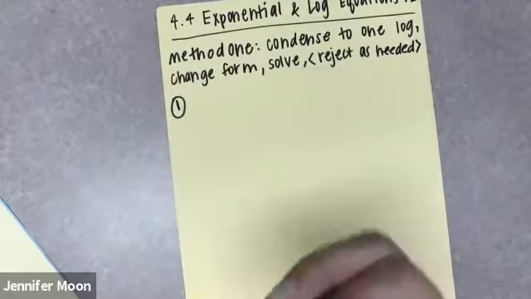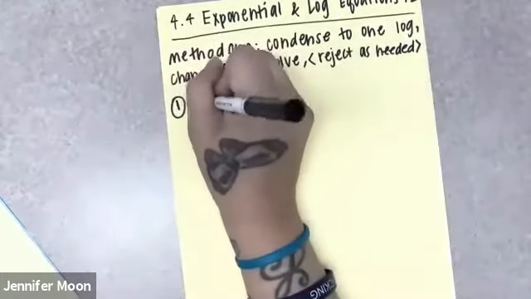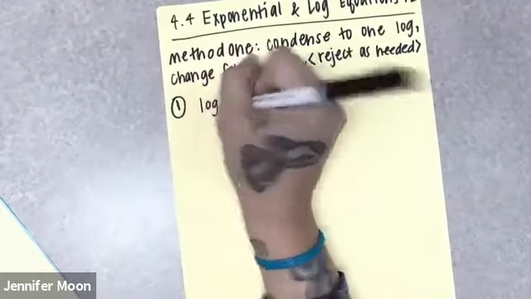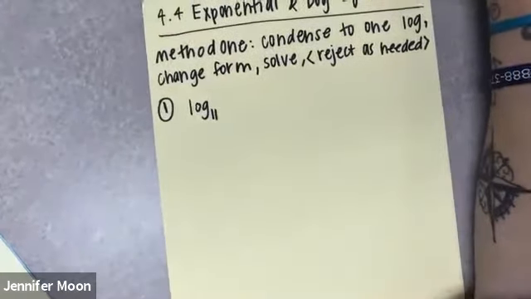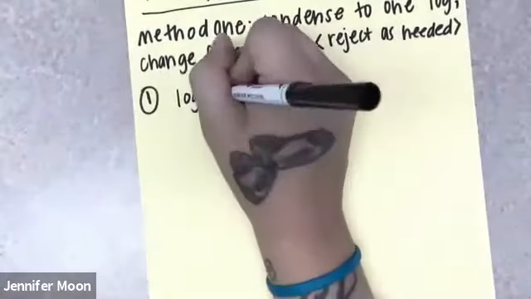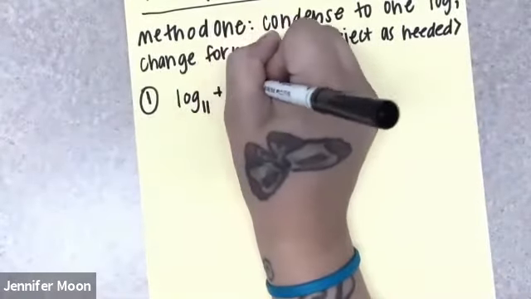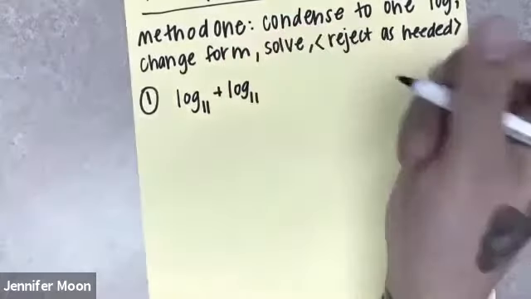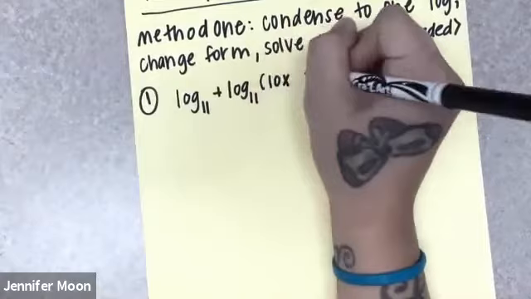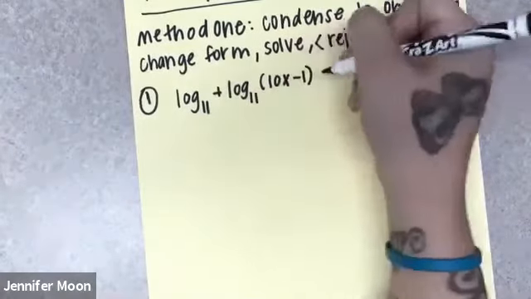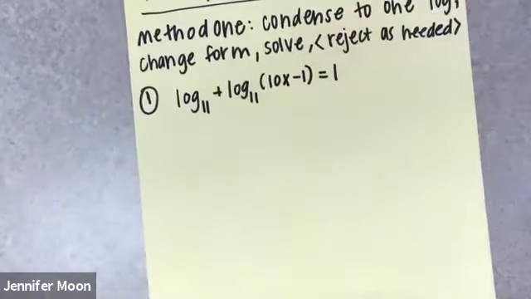What I have here is log base 11, plus log base 11 of, in parentheses, 10x minus 1, close your parentheses, set it equal to 1.